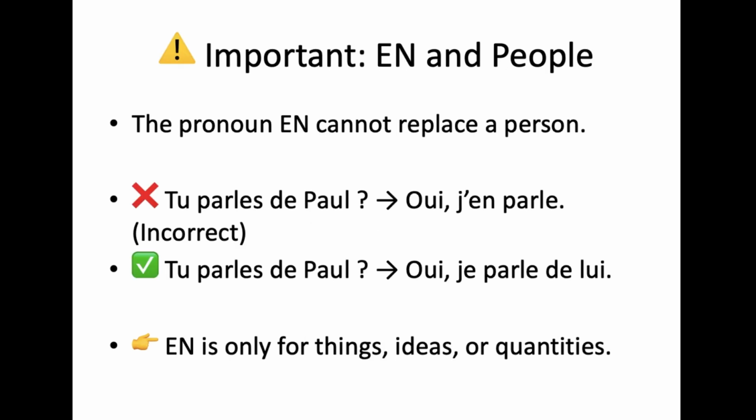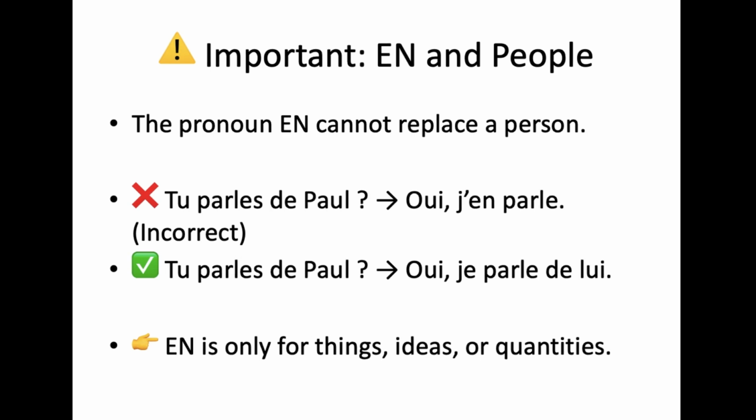An important thing that we didn't talk about, and it's the same for y and en, is that they cannot replace people. "Tu parles de Paul?" As I told you until now, en can replace a complement introduced by de, du, etc. However, if the complement is talking about a person, you cannot say en or y.